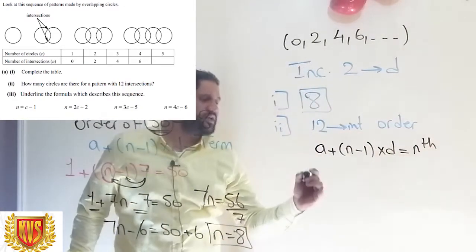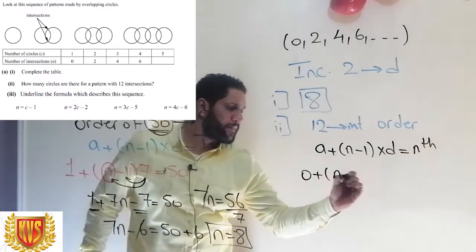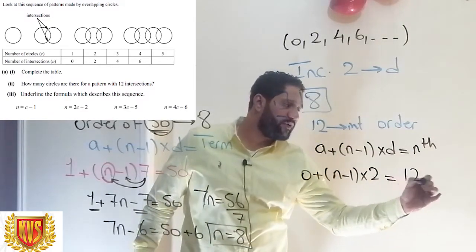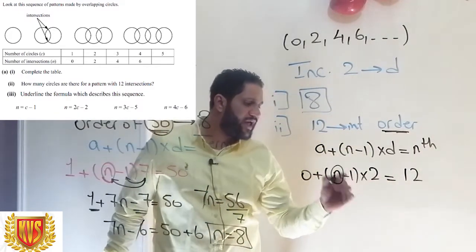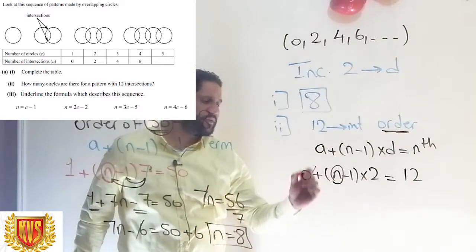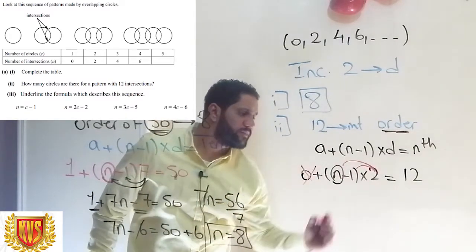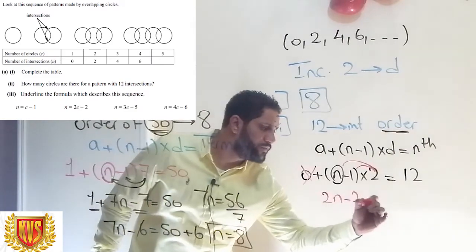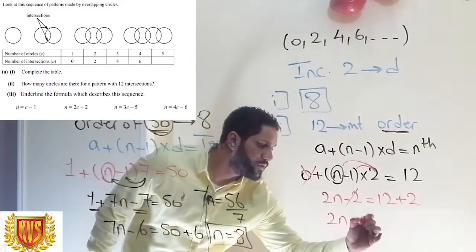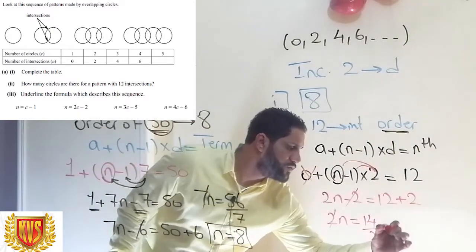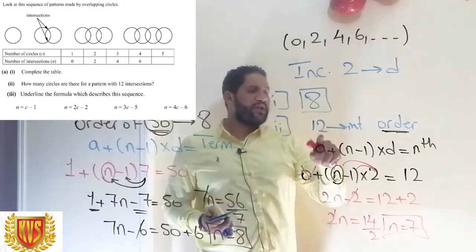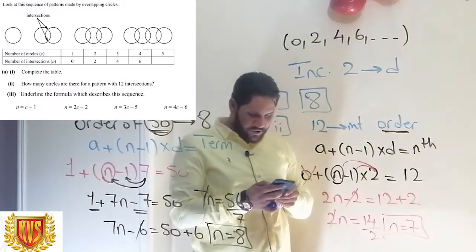A is 0, plus n minus 1 times d, which is 2, equals the nth term, which is 12. As I want to find the order, I need to find the n of 12. Let's complete it. 0 will not affect my equation, so I remove it. 2 will go inside by multiplication, so it's 2n minus 2 equals 12. 2 will go to the other side by addition, so 2n will be equal to 14, and divide by 2, so n equals 7. So I'm going to have 12 intersections when I'm having 7 circles.